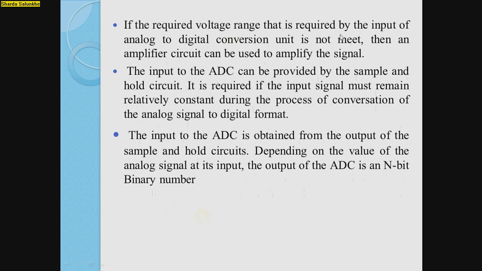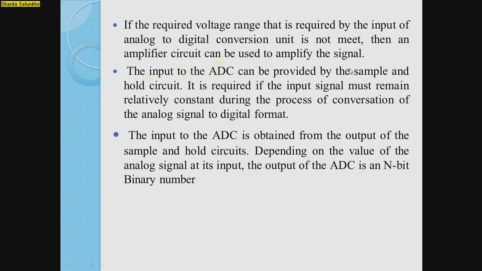If the voltage required by the input of the analog to digital conversion unit is not met, then an amplifier circuit can be used to amplify the signal. So if the A to D converter is not compatible with the analog input, then that signal should be given to an amplifier to amplify the signal, right?